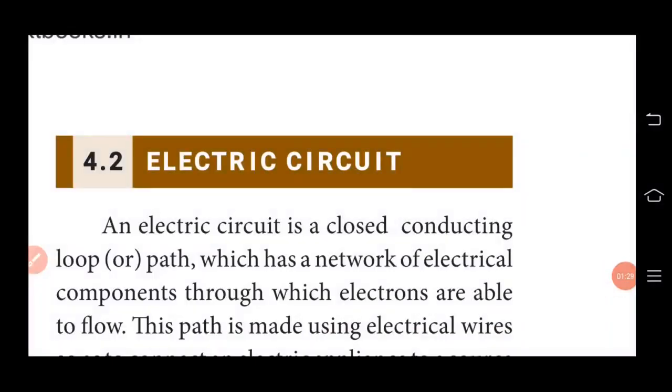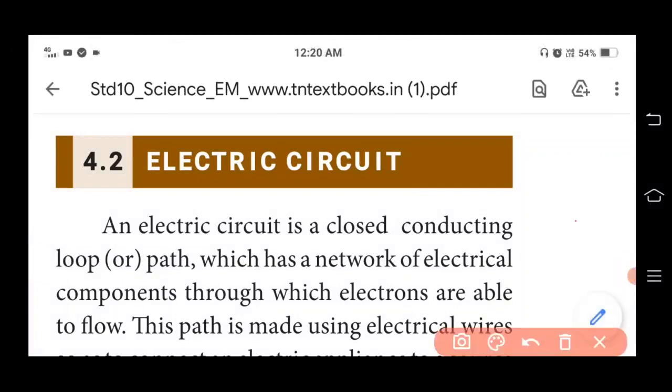Important 2 mark question: define electric circuit. An electric circuit is a closed conducting loop or path which has a network of electrical components through which electrons are able to flow.